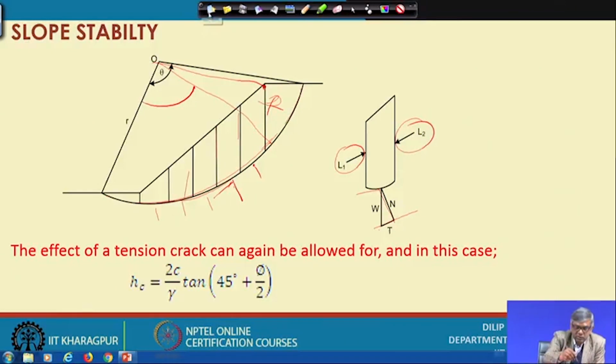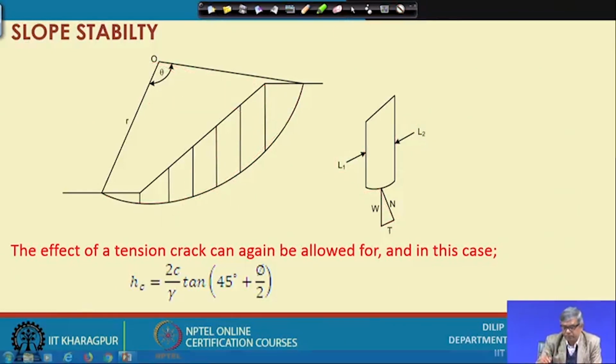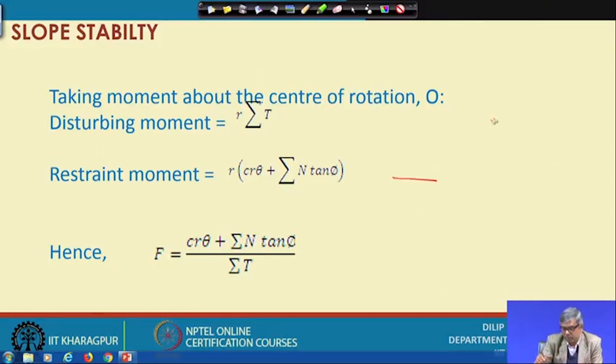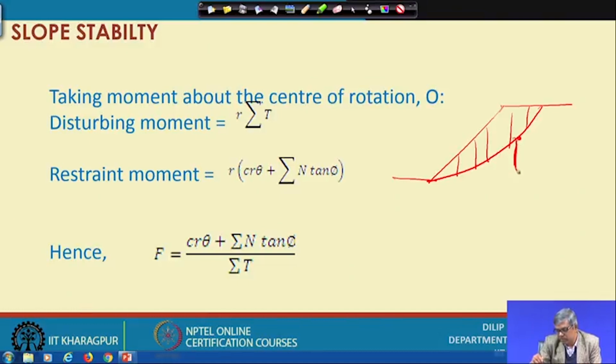By this way, the calculation will be, you can see here, taking moment about the center of rotation O. Suppose this is the failure plane. So, like that, at each point we will have T and N, at a distance r.